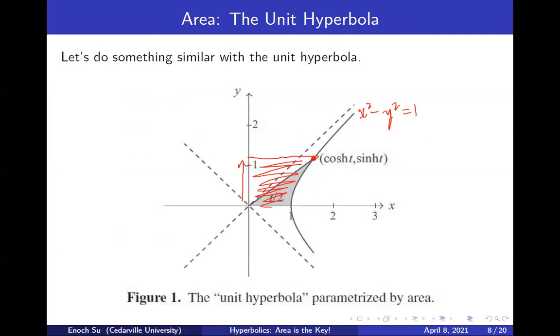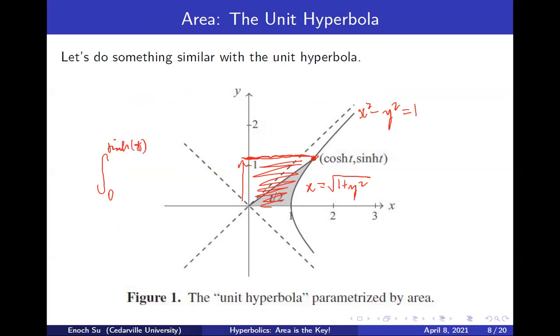So you would solve for x. So x is equal to the square root of 1 plus y squared. And then you would go the integral from 0 to where? What's the y coordinate where we stop? Sinh of t. Yeah, from 0 to sinh of t.